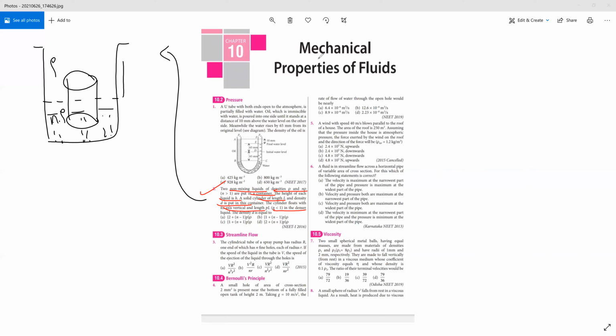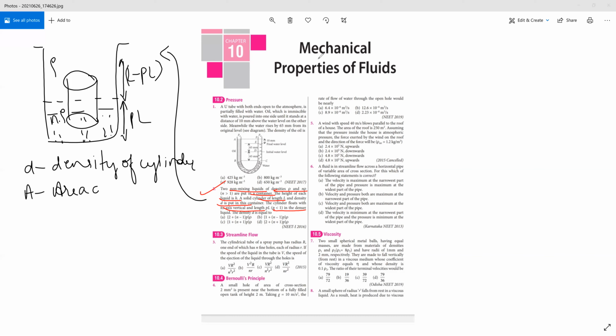And here from this level, that is given by L minus P into L. And this is P into L here, where D is nothing but the density of the cylinder. And A is nothing but the area of cross section of the cylinder.